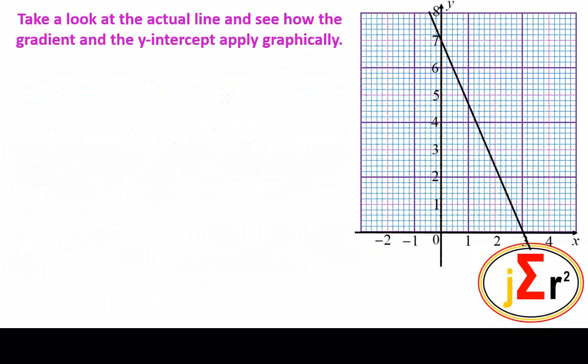Take a look at the actual line. So we have the actual line there. So we will take a look at the actual line and see how the gradient and y-intercept apply graphically. So we are not only doing an algebraic representation of the equation of a straight line, we are also demonstrating this.